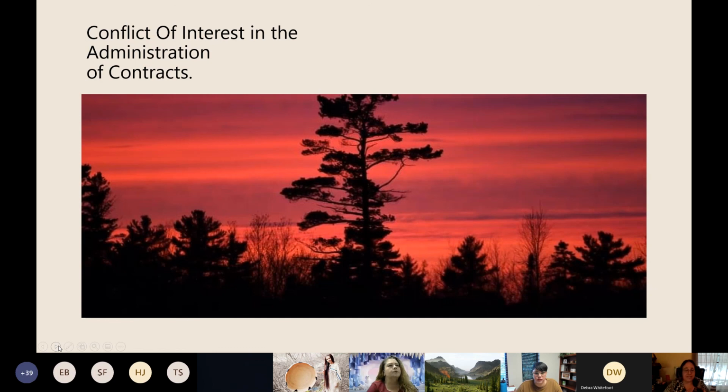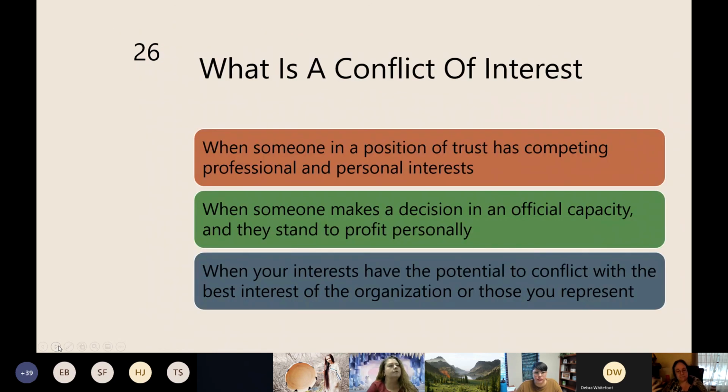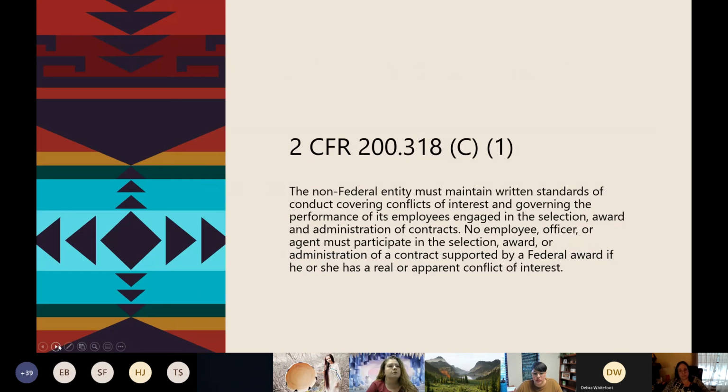So, conflict of interest in the award of contracts. It's when somebody basically in a position of trust has a competing professional or personal interest, when they make a decision in an official capacity and they stand to profit personally. And when your interests have potential to conflict with the best interest of your organization or those people that you actually represent.